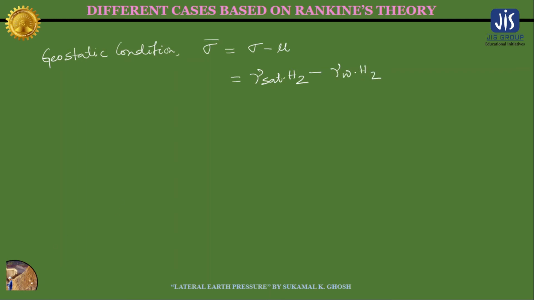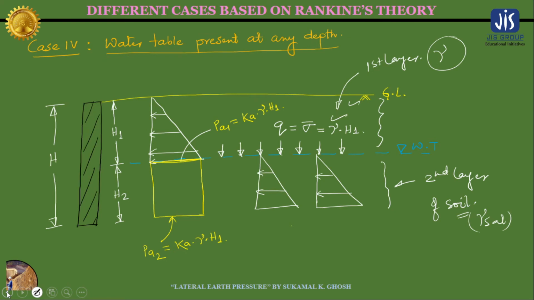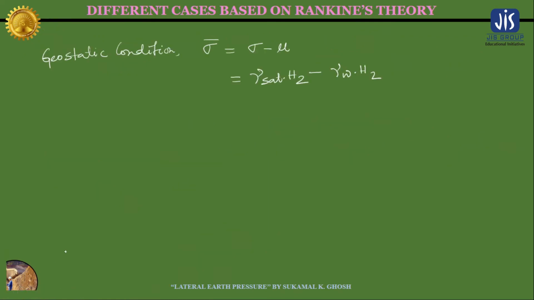The geostatic condition is prevalent in the second layer, where the height is H2 and the unit weight is gamma saturated. That is why the total stress for the geostatic condition is gamma saturated into H2, and the pore water pressure is gamma W, the unit weight of water, into the height of the soil layer. If you simplify it, you will have gamma submerged into H2.